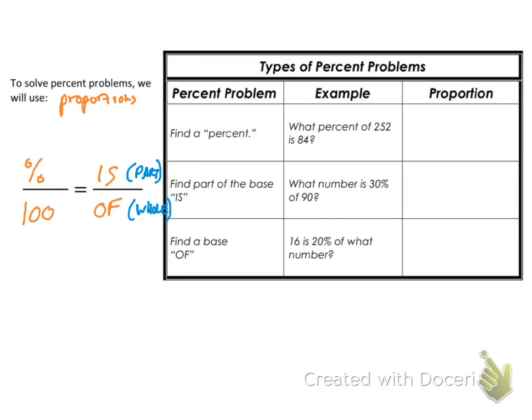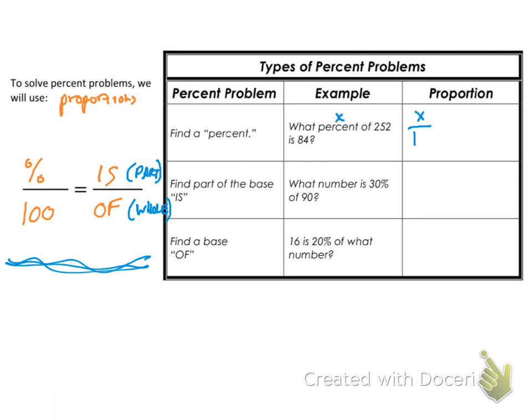So, just so you have a couple of examples of what these proportions would look like. If the percent problem is telling you to find a percent, for example, what percent of 252 is 84, then how would I set this up? What is my variable? The percent is my variable.